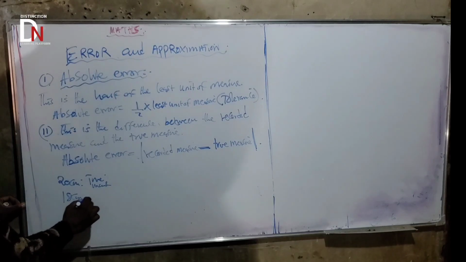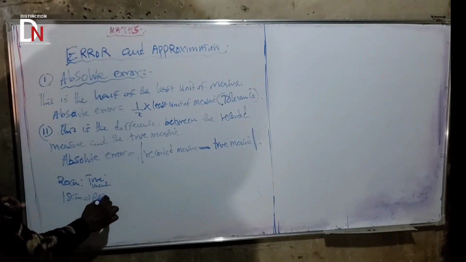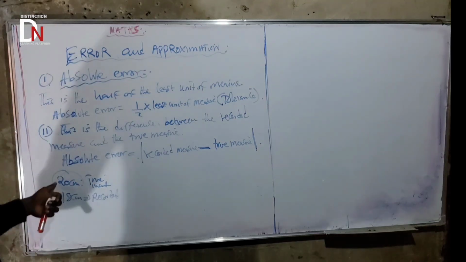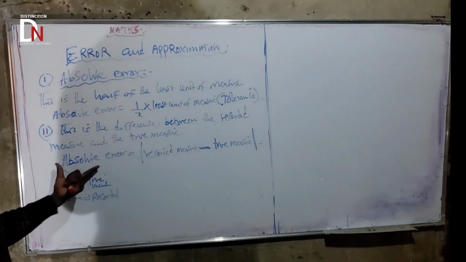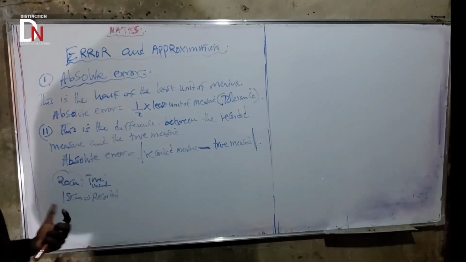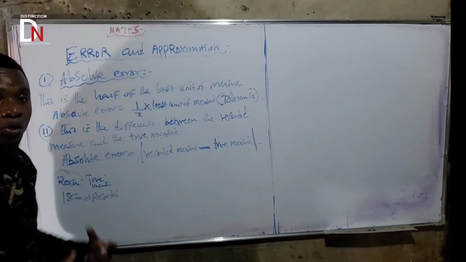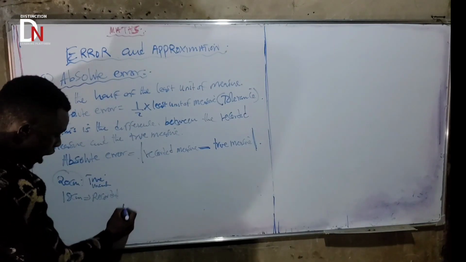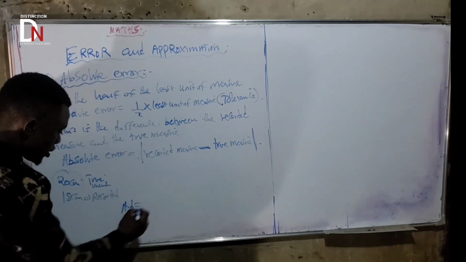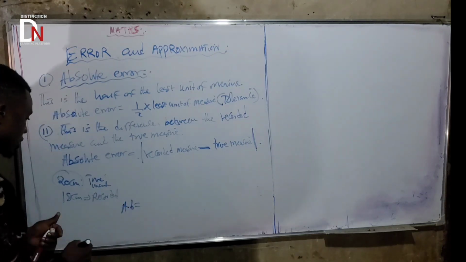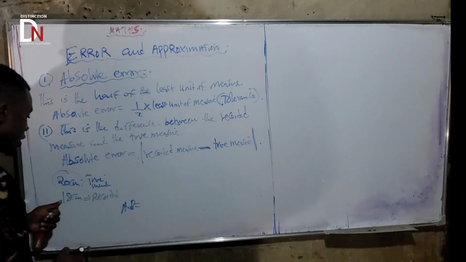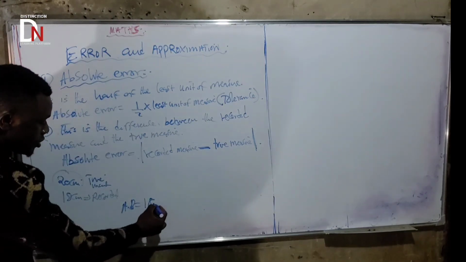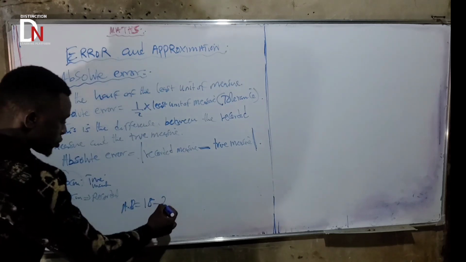If I were to find the absolute error, it is equal to the recorded measure, 18, minus the true measure, 20.